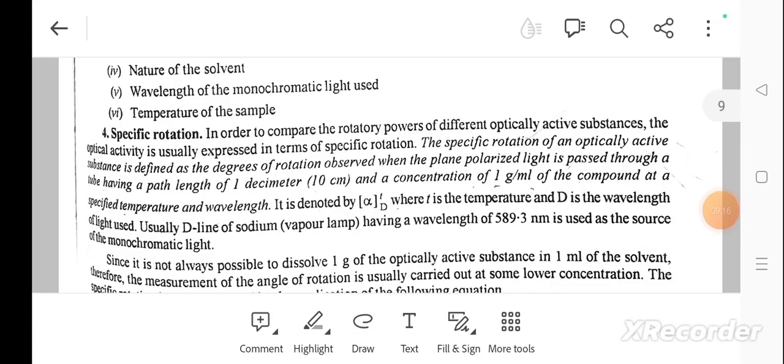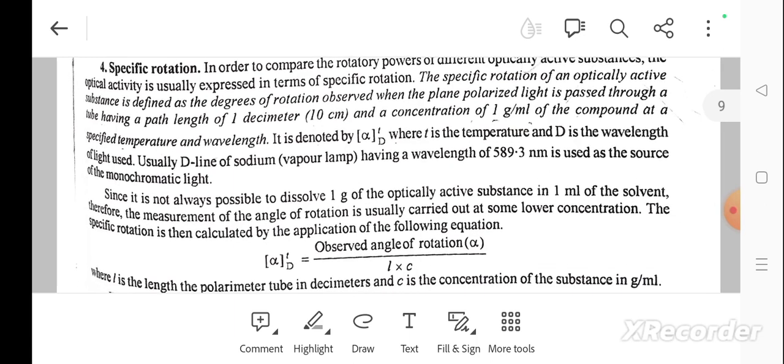Fourth, specific rotation. In order to compare the rotatory power of different optically active substances, the activity is usually expressed in terms of specific rotation. The specific rotation of an optically active substance is defined as the degree of rotation observed when plane polarized light is passed through a tube having a path length of 1 decimeter and a concentration of 1 g/ml of the compound at a specific temperature and wavelength.